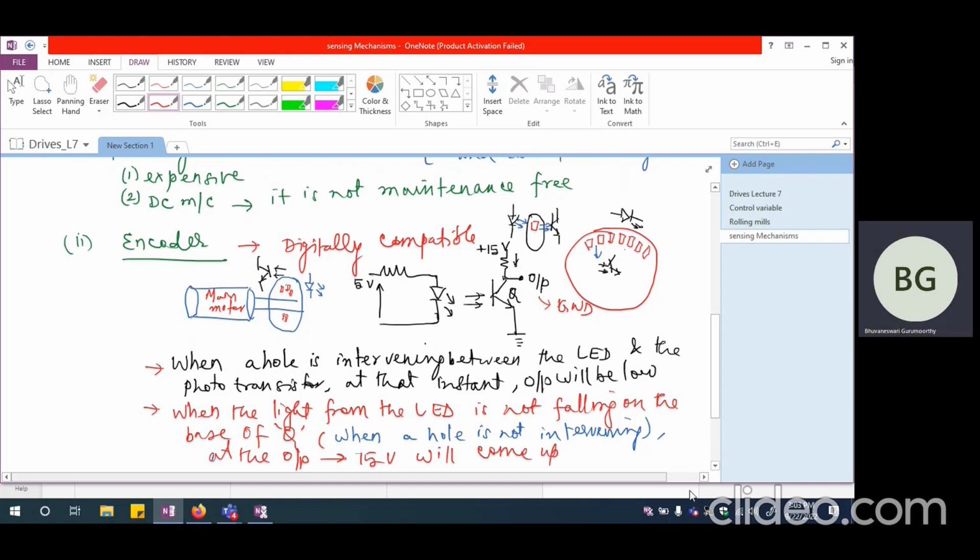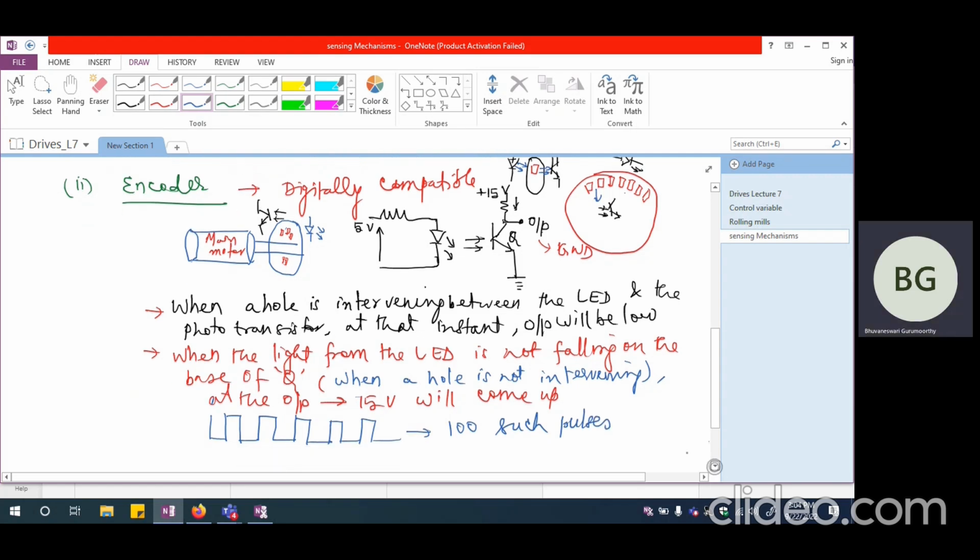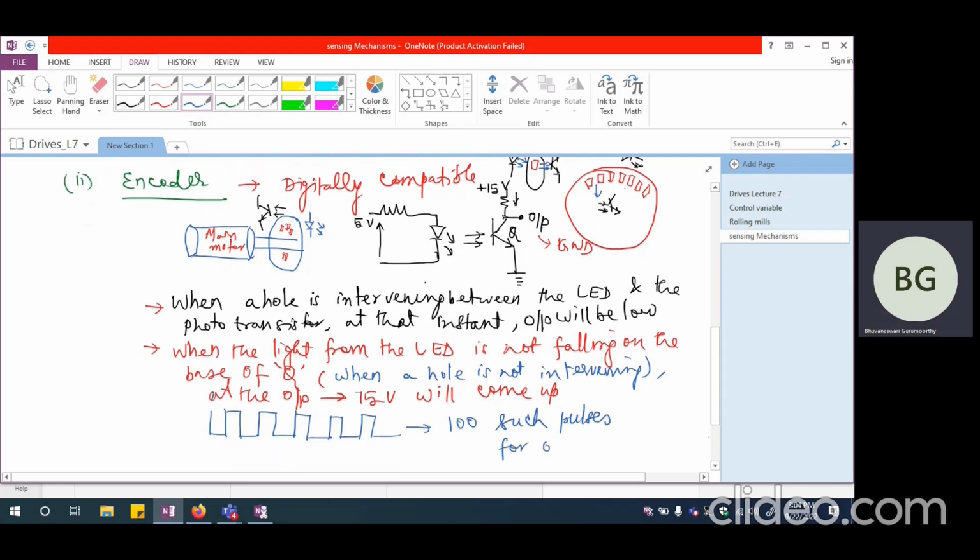So if I look at the complete rotation, for example, I will have essentially pulses somewhat like this. It will be 15 volts, 0, 15 volts, 0, and so on. This will be repeating itself. For the entire rotation, if I am going to have, for example, 100 such holes along the periphery, I will have 100 such pulses for one rotation.